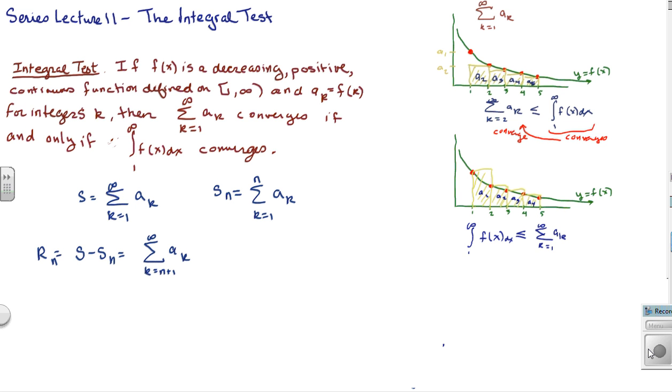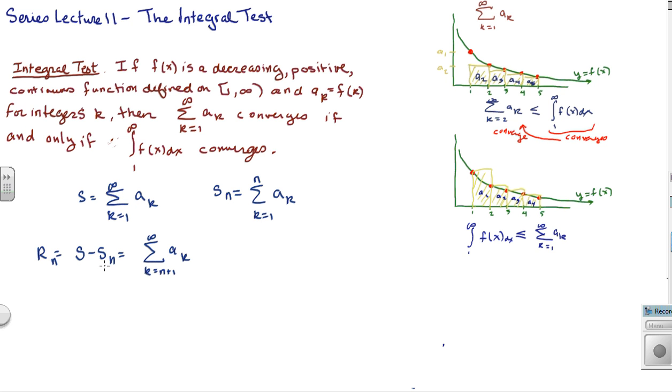Now, remember, a series converges if its sequence of partial sums converges. And what I've got here, Sn, is the sequence of partial sums. You can always get an estimate for what the series converges to by taking a large enough partial sum. The question is, how good an estimate is that going to be?